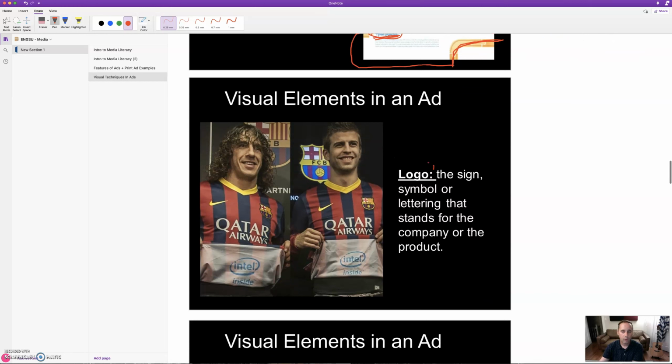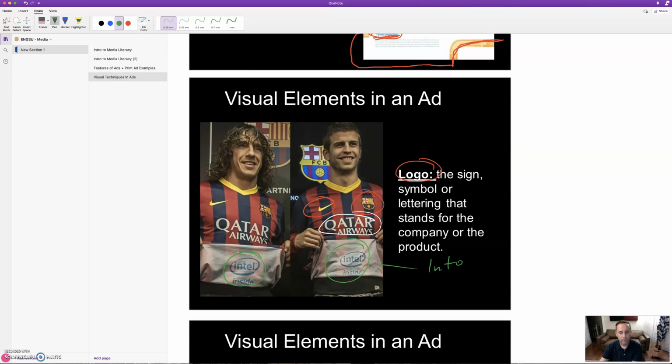Okay, let's think about logos. In this one, the sign or symbol or lettering that stands for the company product. Well, tons of logos going on here on these soccer players' shirts. At least 3. But which one do they want us to really notice? Well, Intel inside.